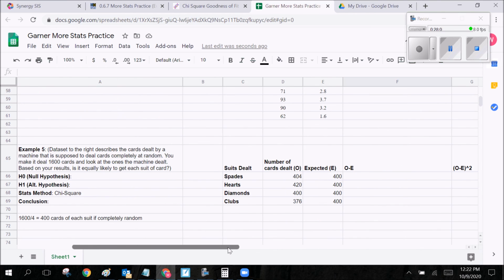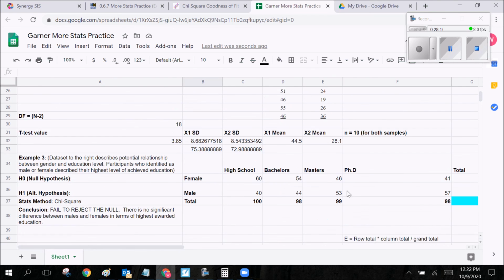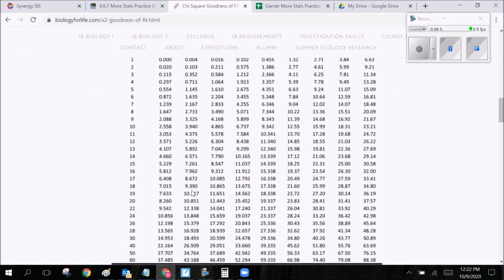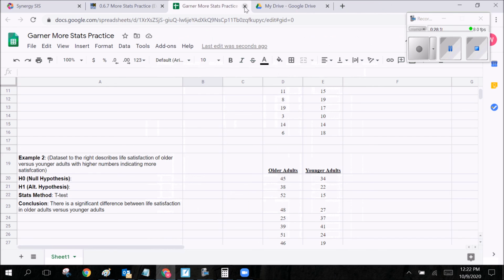If you do get stuck, please let me know. And then you can tell me, what was your conclusion? Did you reject it or not? Make sure that you use the chi-square critical values chart. Please, please, please do not use the t-test or the correlation critical values chart because it's just not going to work.